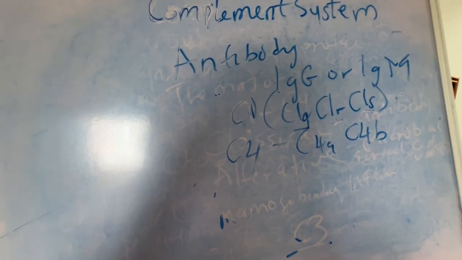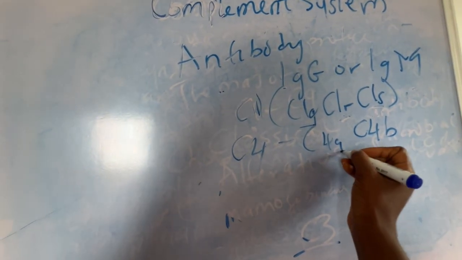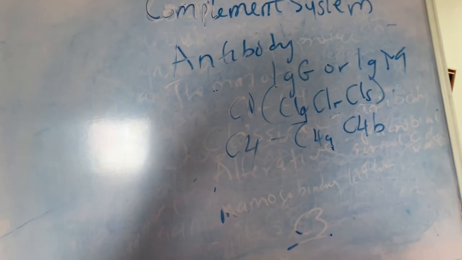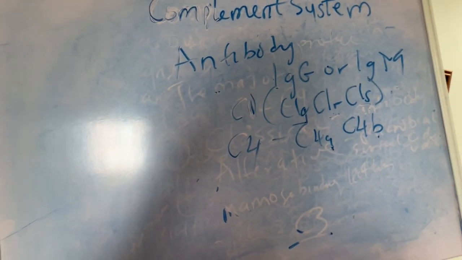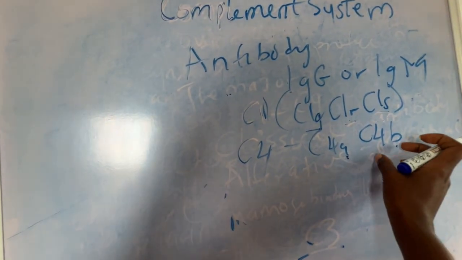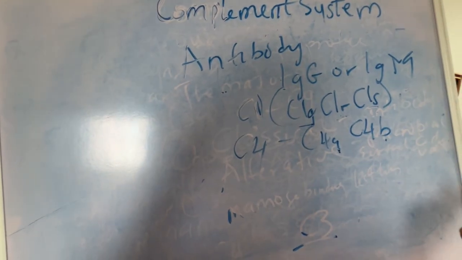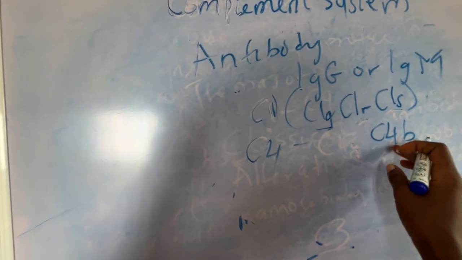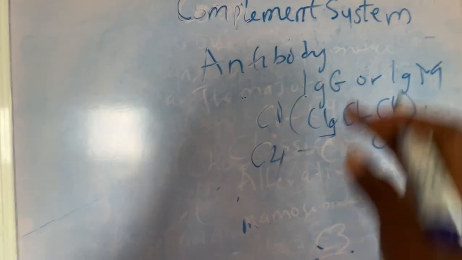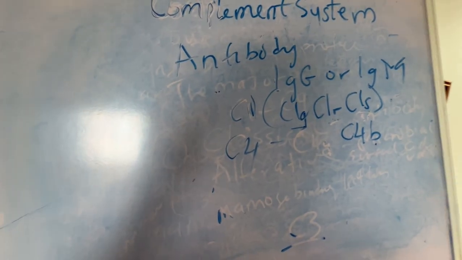In the complement system, the a is usually the smaller fragment, while the b is the larger fragment, and it's the b that stays behind to form the reaction. So C4a is thrown back into the serum, while C4b goes and binds on the microbial surface.